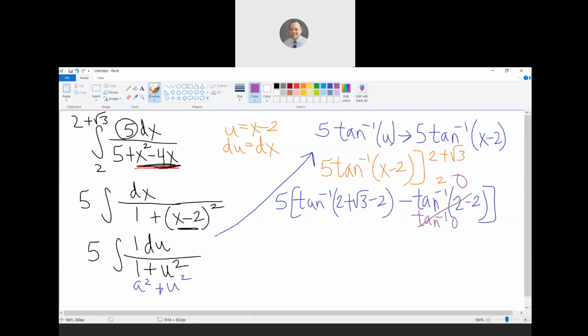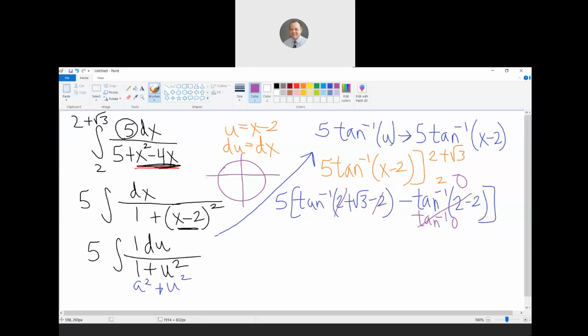What we need to find, and you can use the unit circle also to find this value, we're trying to find the inverse tangent of square root of 3. And make sure your calculator is in radians.